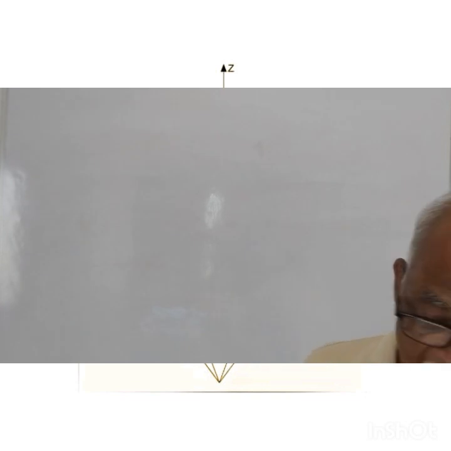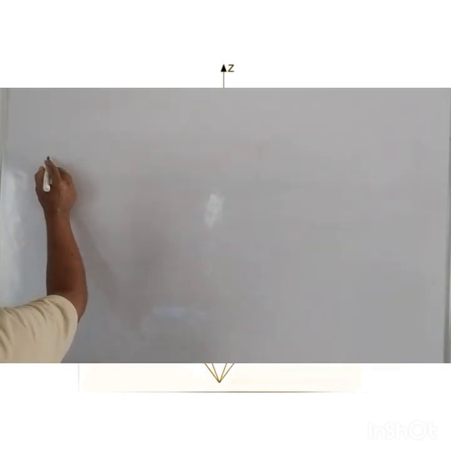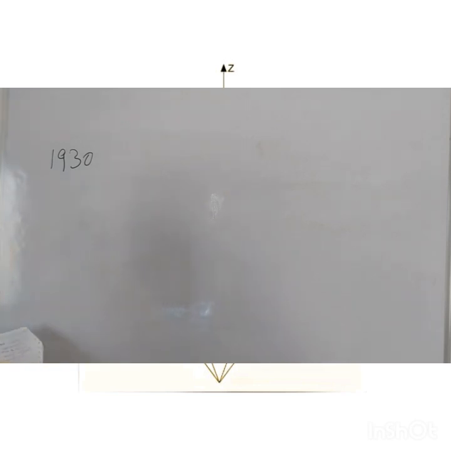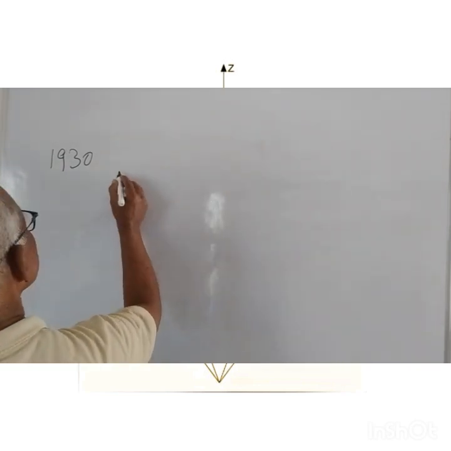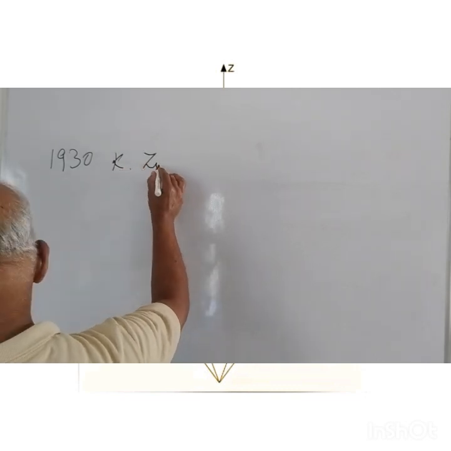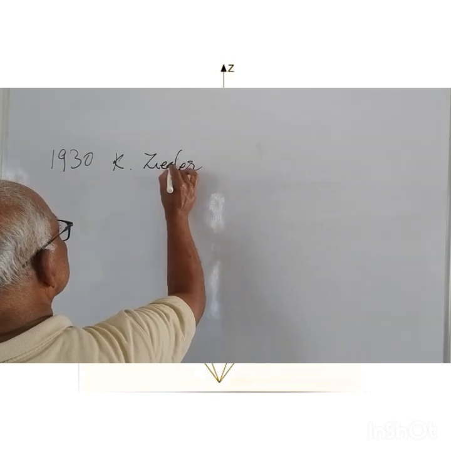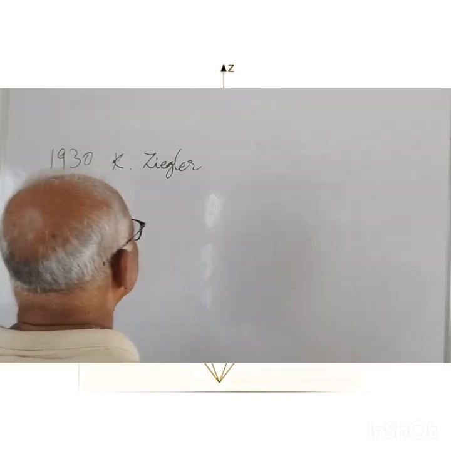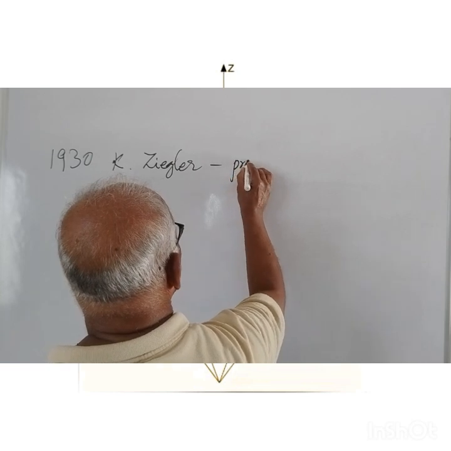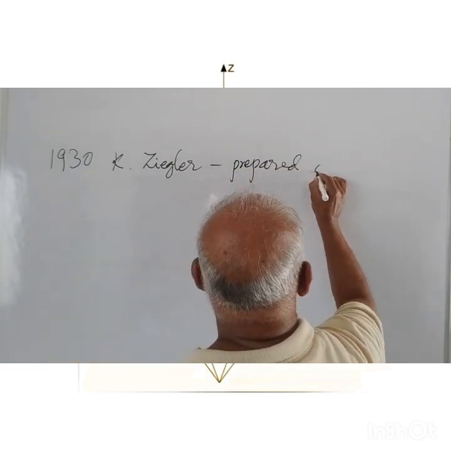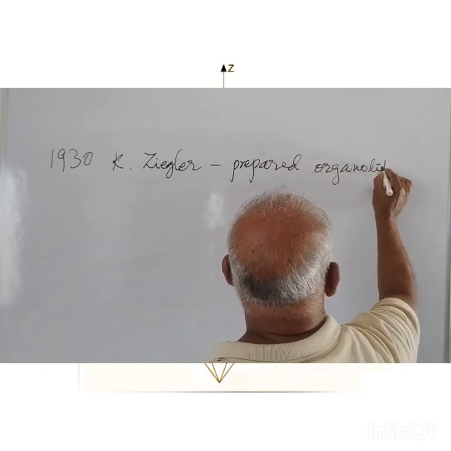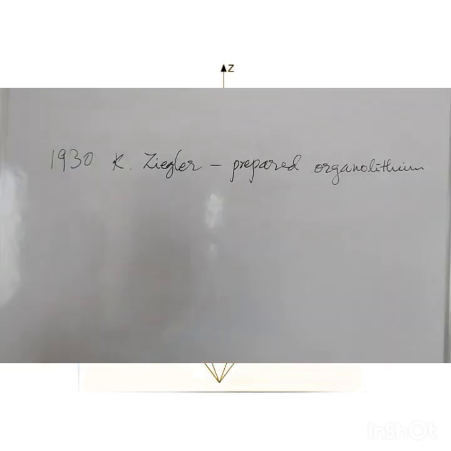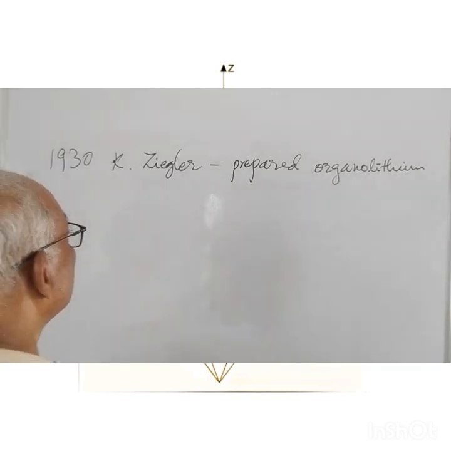The next event is in 1930, when K. Ziegler introduced the preparation of organolithium by a simpler route, which was further fine-tuned by Gilman.